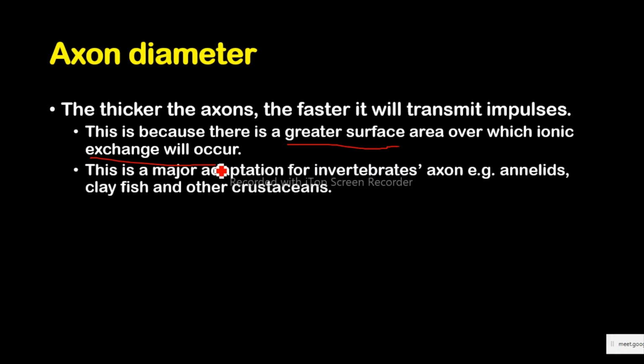And so as a result, you will easily depolarize a neuron or a membrane. Okay? And so some invertebrates such as the squid, the annelids, the crayfish, and the crustaceans, their axons have a wider diameter. Why?